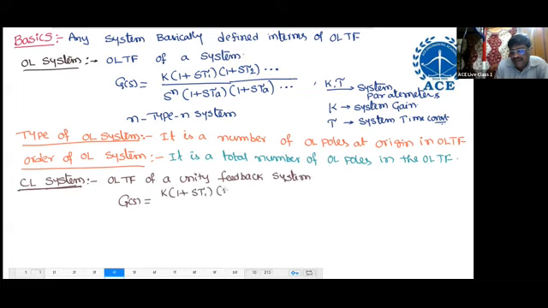Same thing, 1 plus S tau. What is the difference here? The extra thing is feedback, that's all. The mathematical model for open loop and closed loop is the same.